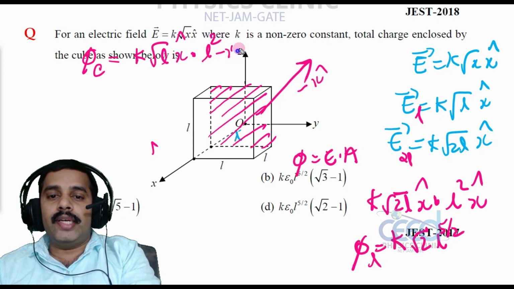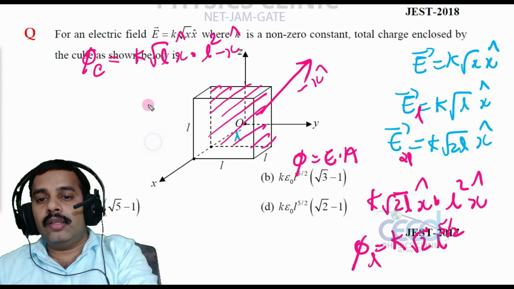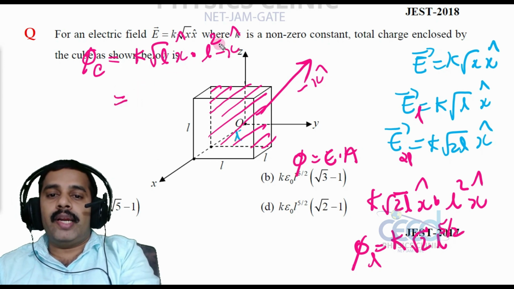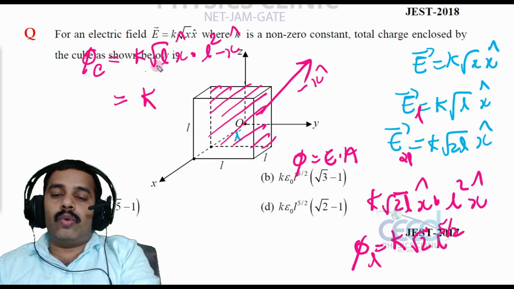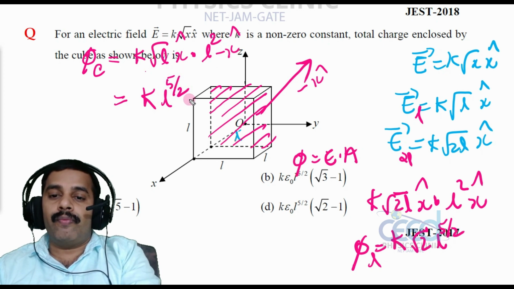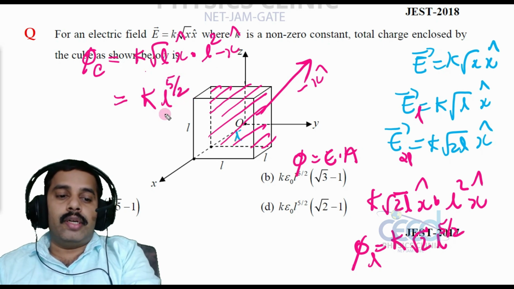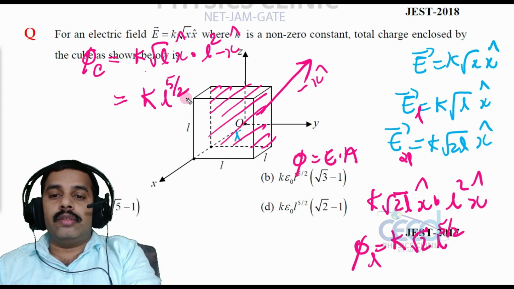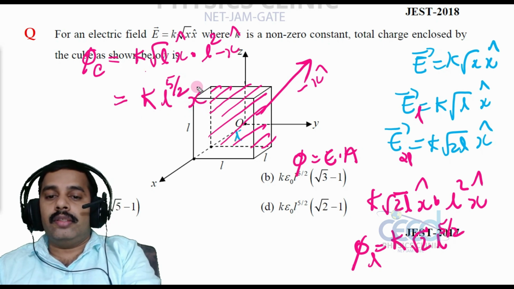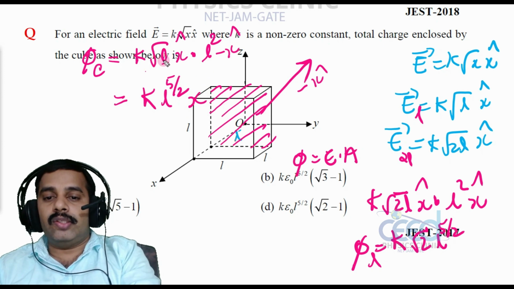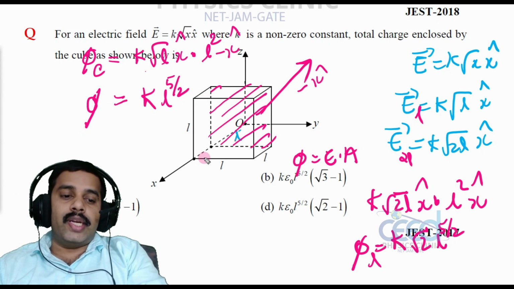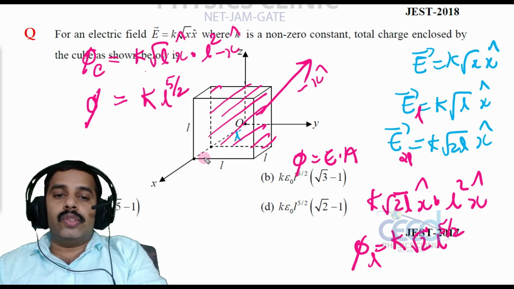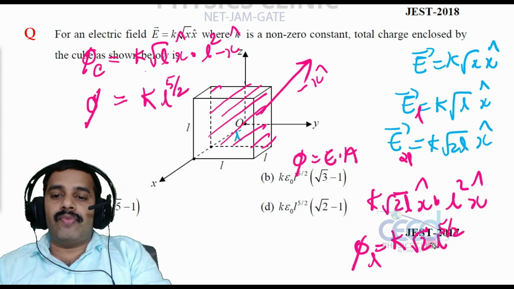So x cap dot x cap equals 1, and the flux is k L raised to 5 by 2. This is the flux entering and that is the flux leaving.